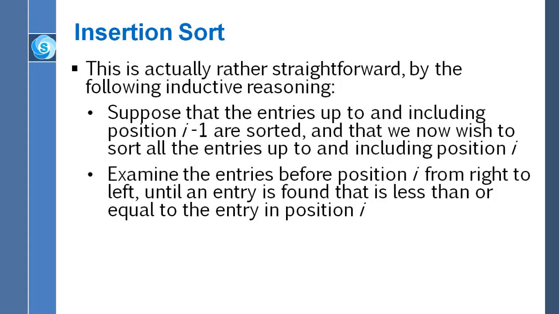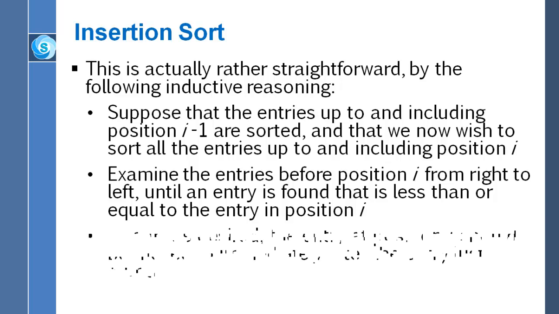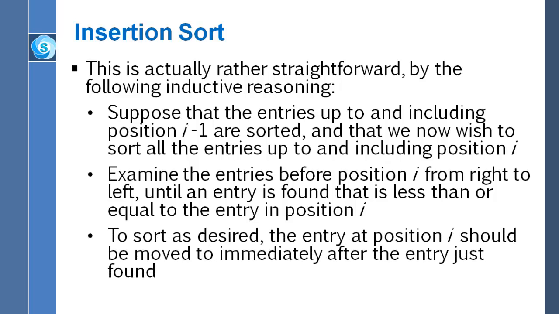And keep looking like that until you find an entry that is less than or equal to the entry in position I. Now the reasoning, and you have to pause and really see if you can make sense of this, and if you have trouble seeing it right away, that's fine, because we're going to be running through a complete example in a moment. But the idea is, as soon as we find a number that is less than or equal to what's in position I, then we can deduce that the number in position I really belongs immediately after that number.